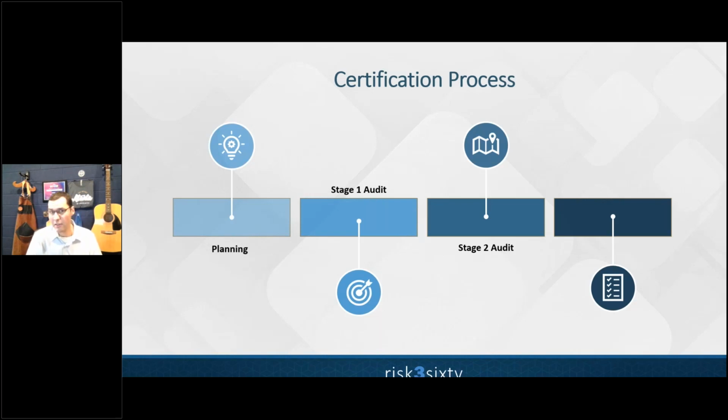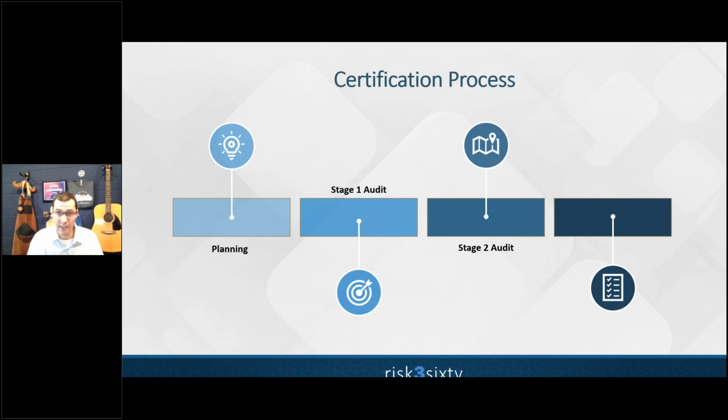But in stage 2, the auditor will obtain and review evidence related to the operation of all those controls. They'll also walk through the PIMS again and maybe request some deeper documentation just to make sure you can fully support that you've implemented everything you committed to in the PIMS.